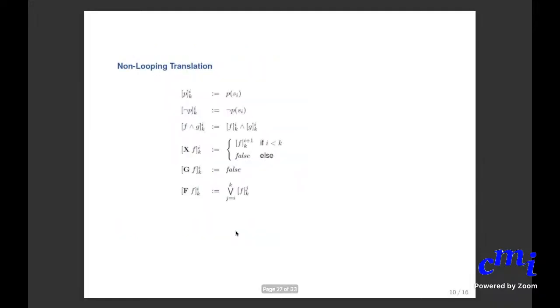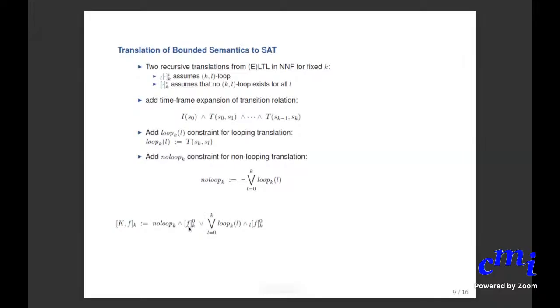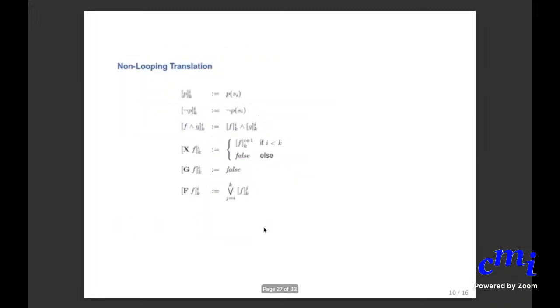Now, we will see how exactly the non-looping translation, the square bracket, is defined, based on the bounded semantics that we defined earlier, and the translation for the looping case. First I'll describe the non-looping translation.